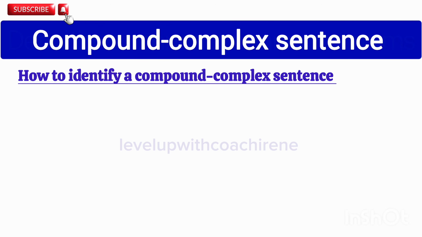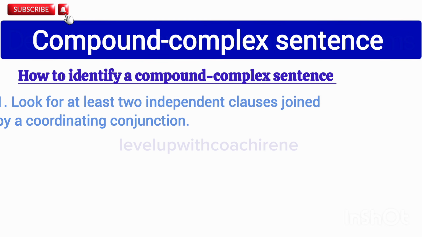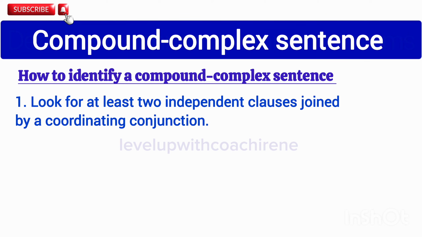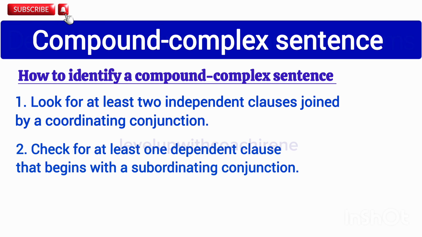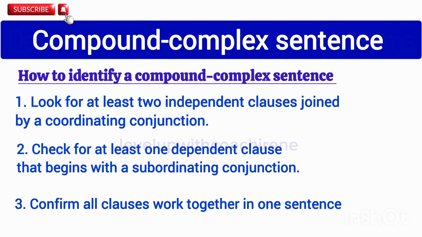Number one, look for at least two independent clauses joined by a coordinating conjunction. For example, and, but, so, and more. Number two, check for at least one dependent clause that begins with a subordinating conjunction like because, if, why, etc. Number three, confirm all clauses work together in one sentence.